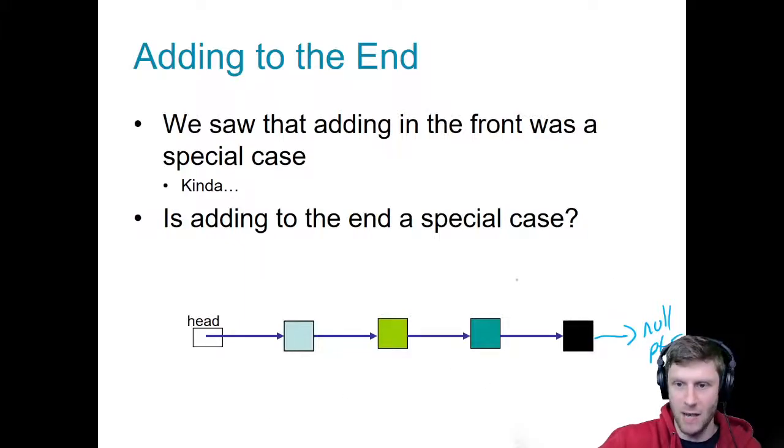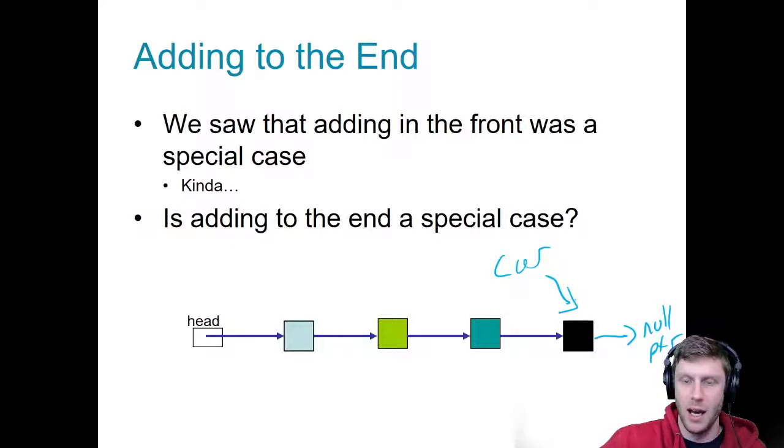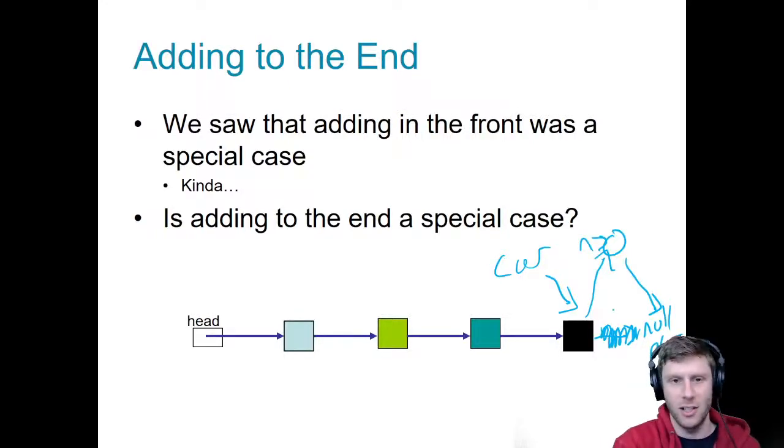Well, I would still have to get access to here somehow, cur, and then say, okay, node, your next is going to be equal to current's next, which will be a pointer to null. And then cur, your next is now going to be the new node. There. It's actually the exact same algorithm, whether it's inserting in the middle or at the end. It's only the adding at the front that's kind of the special case here.